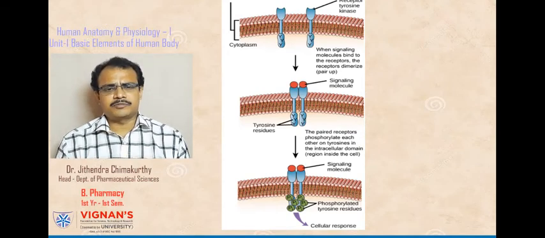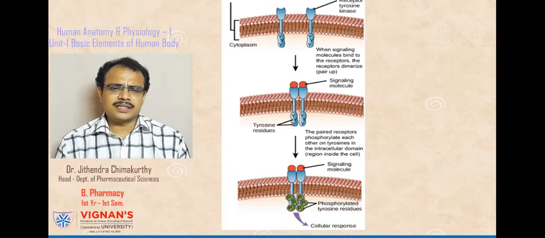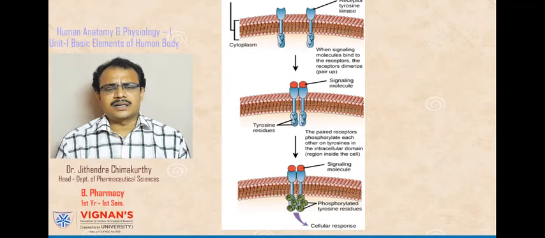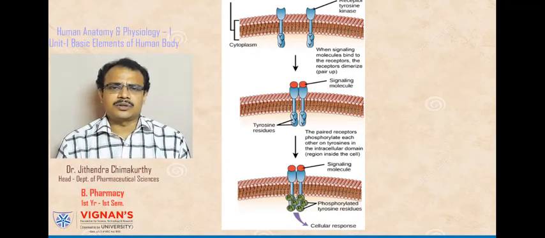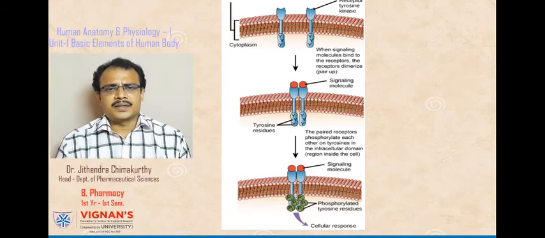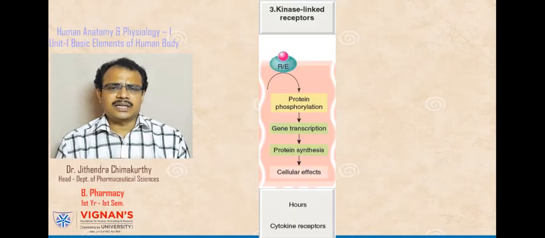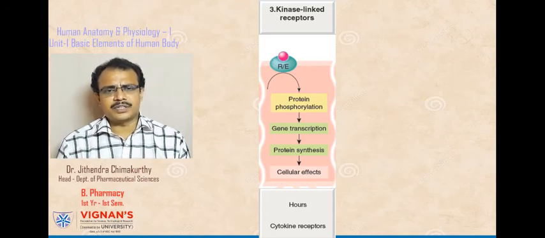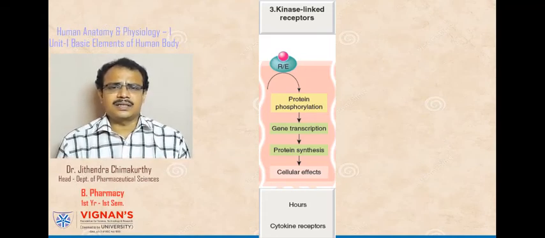And the third type of receptors are enzyme linked receptors, and these enzyme linked receptors are linked with an enzyme such as tyrosine kinase at the intracellular site. And generally, tyrosine kinase is an enzyme which is necessary for the phosphorylation of proteins, and this phosphorylation of proteins leads to their activation, and this is necessary for those proteins to perform their functions.